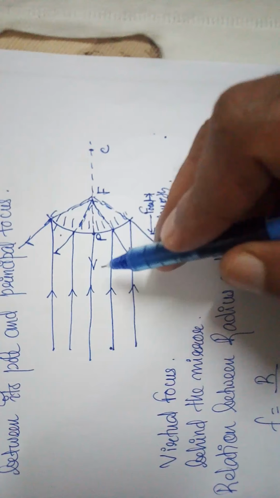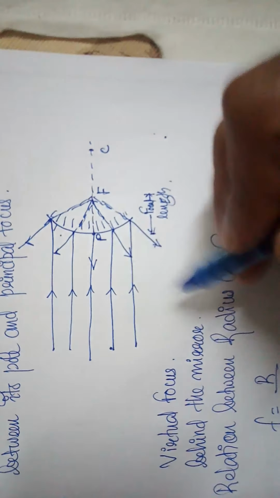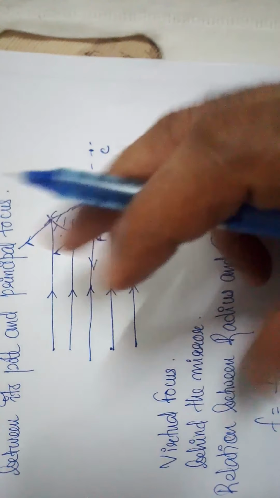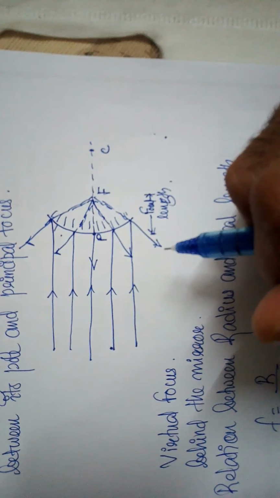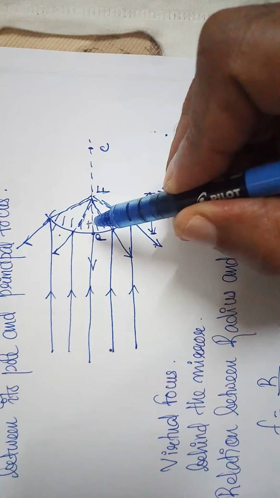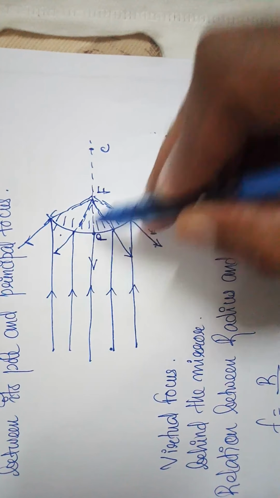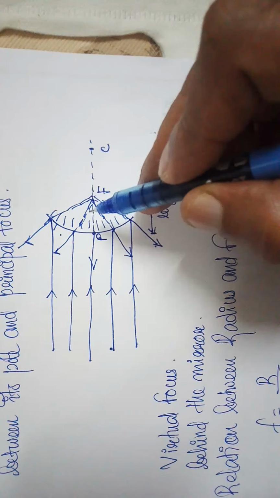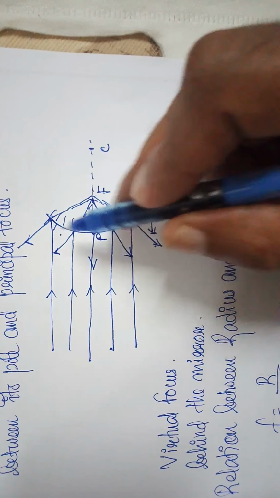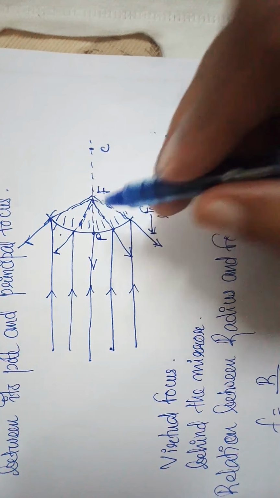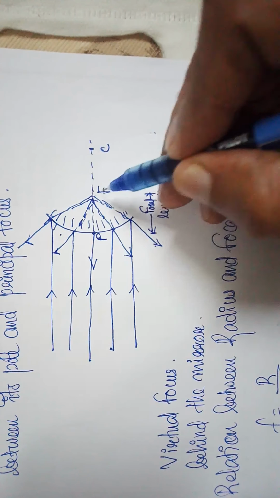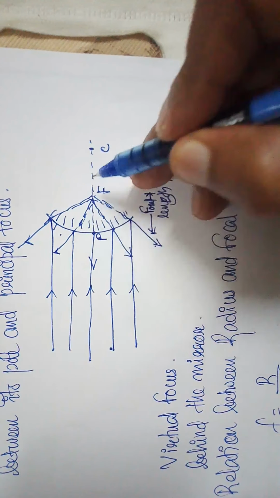Each ray of light is reflected by the convex mirror, and the reflected rays diverge or spread out from the mirror surface. When we produce all the reflected rays backward, as shown in this figure with these dotted lines, they appear to meet at one point F behind this mirror.